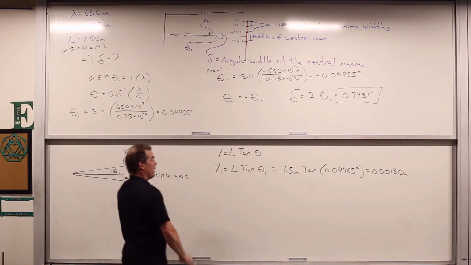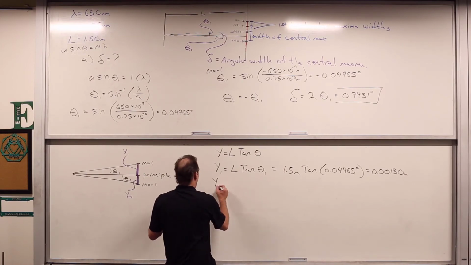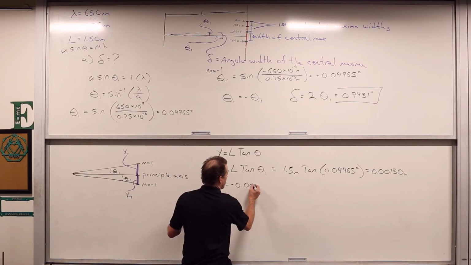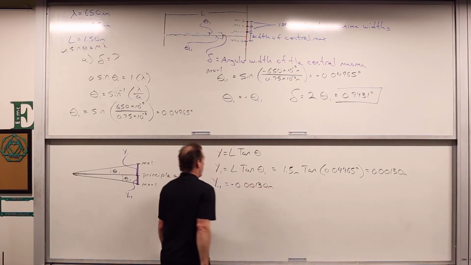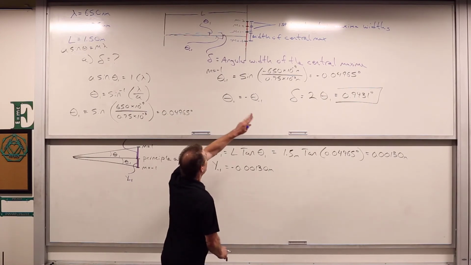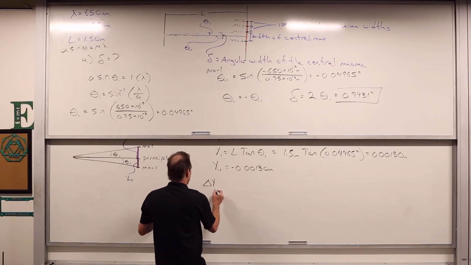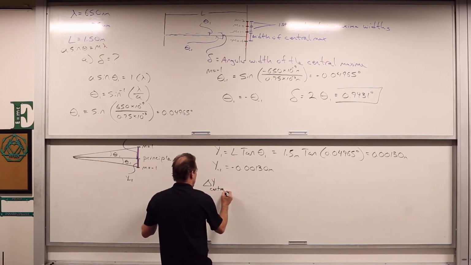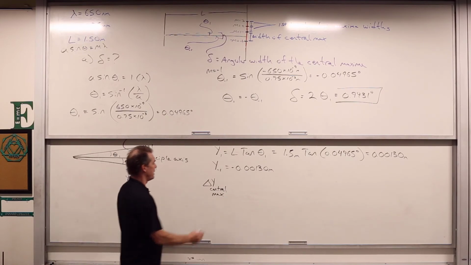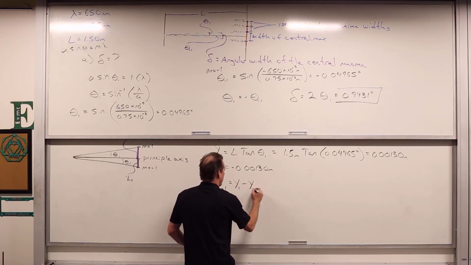That's great. Well, what's going to happen when we go ahead and say that that's a negative angle? We'll get y-1 is going to be equal to negative 0.00130 meters, which is going to ultimately give us that the width of the central maxima, I'll just call it delta y central maxima, is going to be y1 minus y-1.